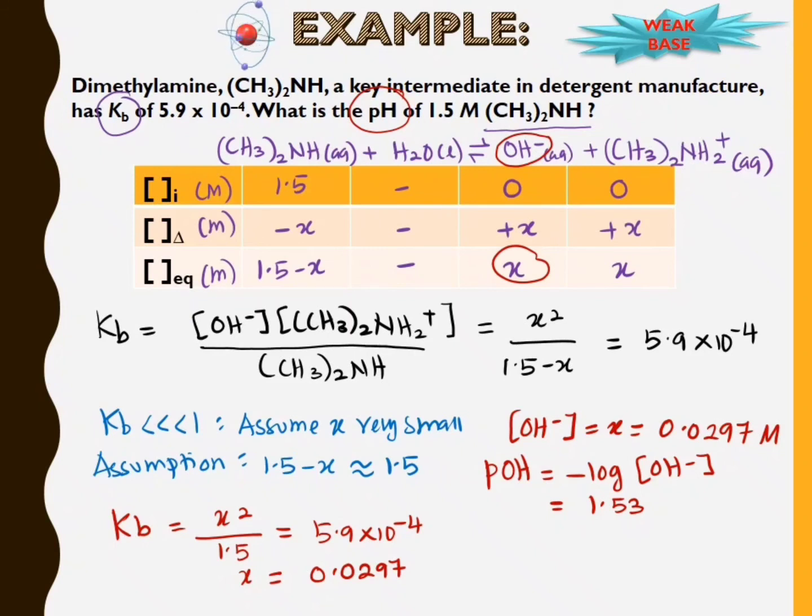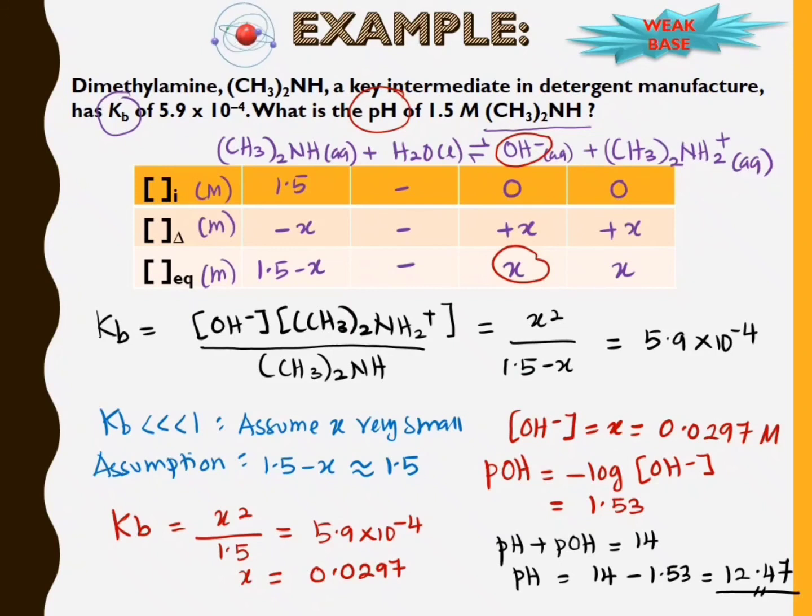But we don't want pOH, we want pH. So how do we calculate pH? Do you still remember the relationship between pH and pOH? pH plus pOH equals, yes, 14. So pH equals 14 minus 1.53, which gives 12.47. So this is the value of pH.